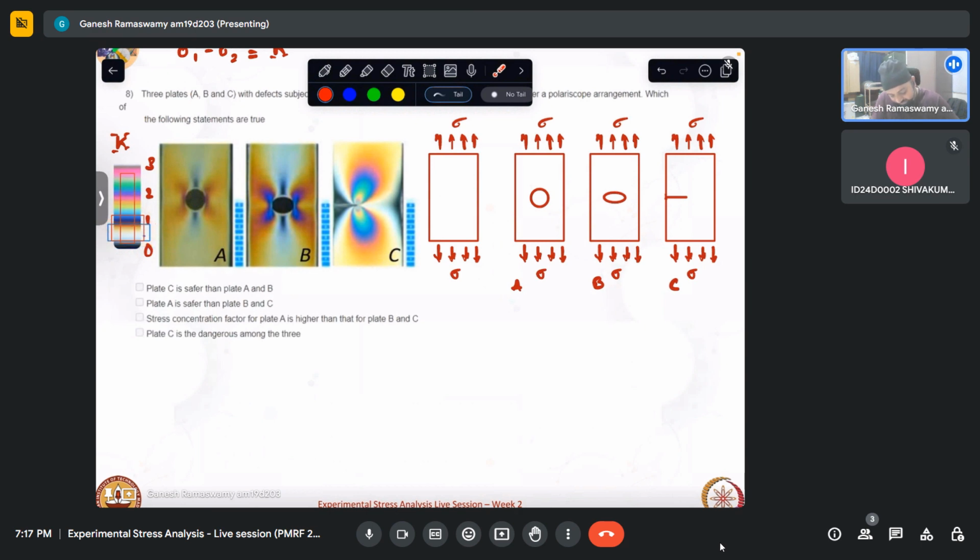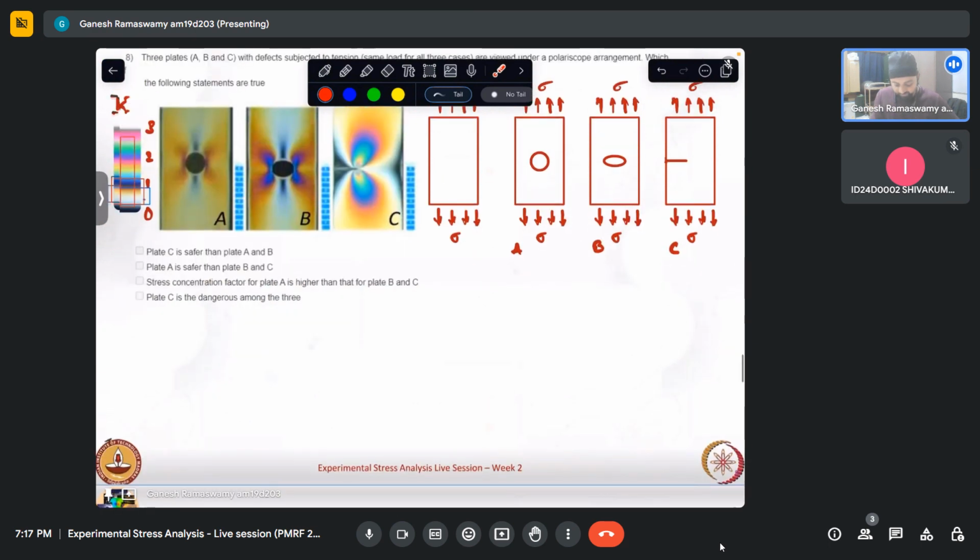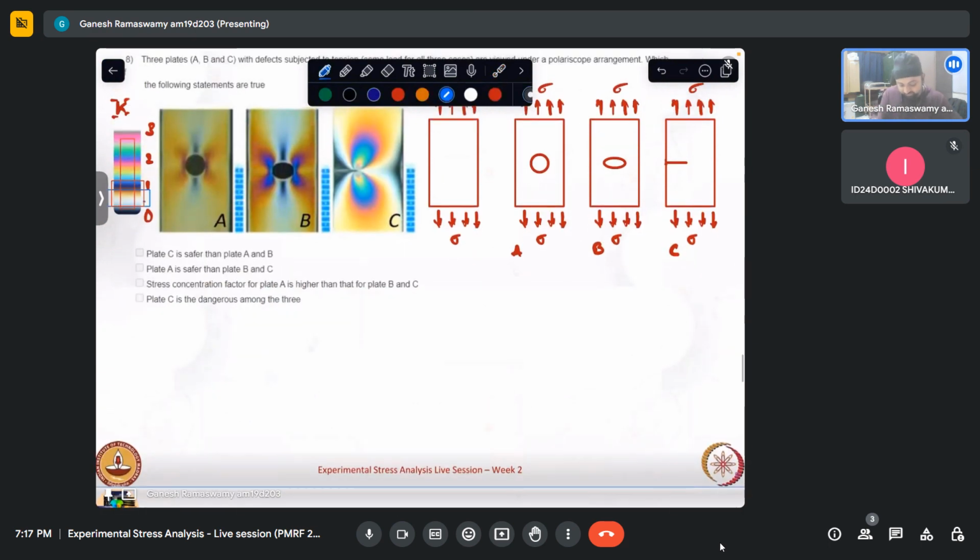Then the hole became elliptical. It got stressed a little more. Then once it degenerated into a crack, with the eccentricity going to zero or infinity, however you define it, the stress got raised much, much higher. So, with this in mind, let us try to answer the questions.